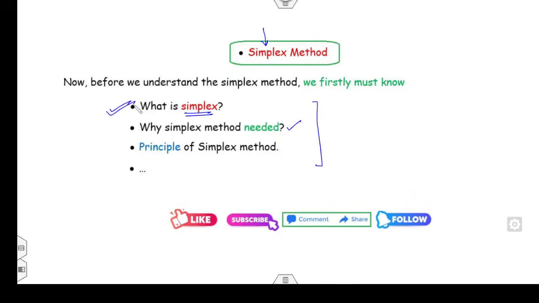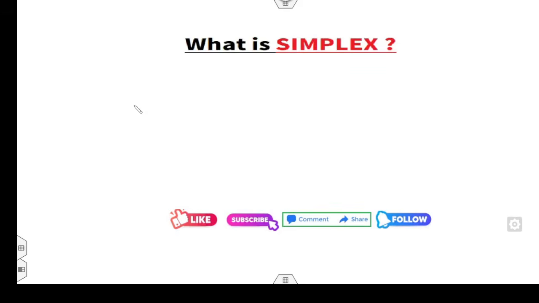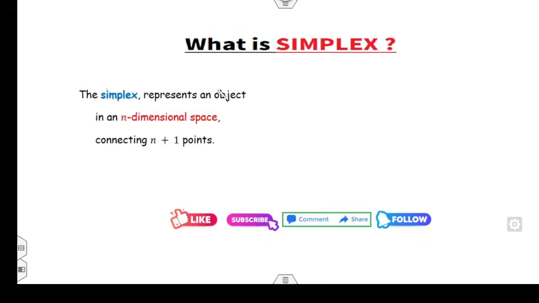So the answer to the first question is: what is the simplex? Simplex is an object. The simplex represents an object in the n-dimensional space which is connecting n plus 1 points.